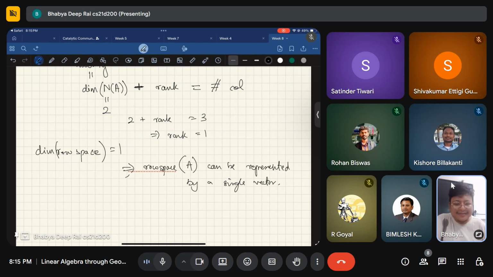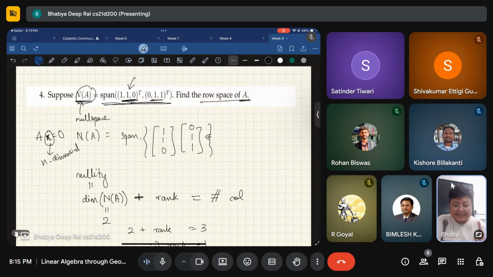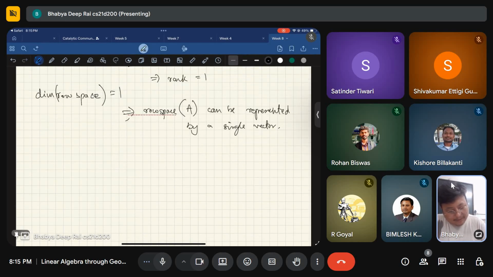Now what is that single vector? Let me call it W. It need not be in the basis, it can just be in the row space.